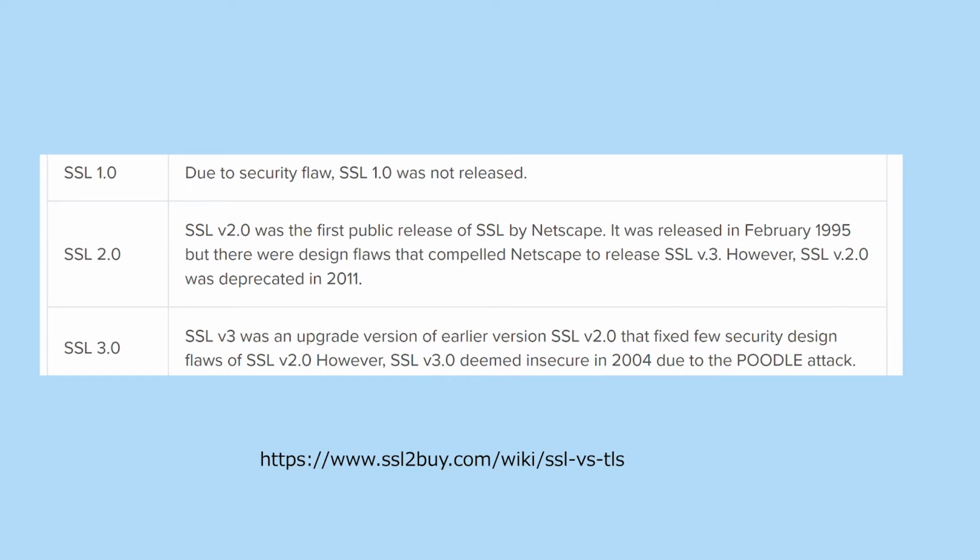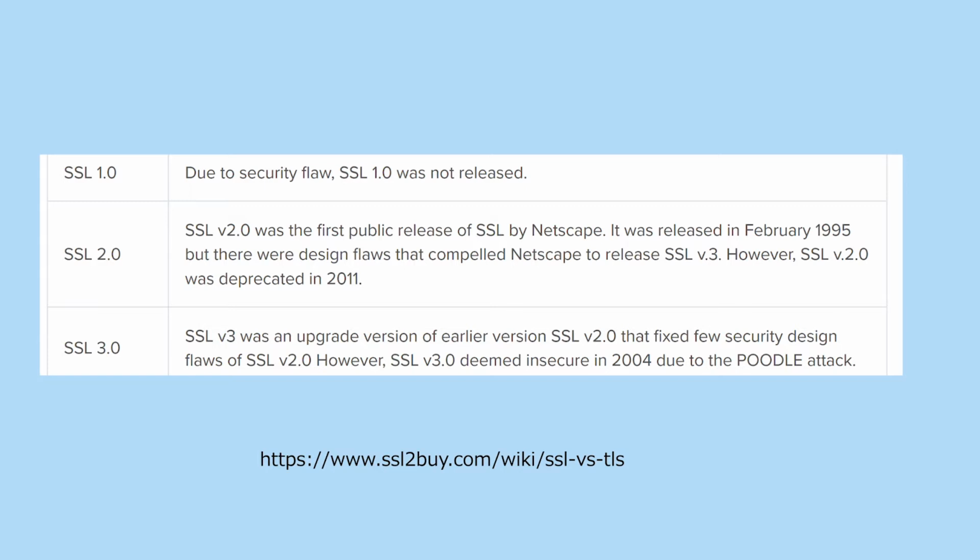All right, and then here's a few of the things that I pulled from the SSL2Buy wiki, and it covers what each version of SSL has. SSL 1, due to a security flaw, wasn't released. Version 2 had its first public release by Netscape, in '95, as I said earlier.